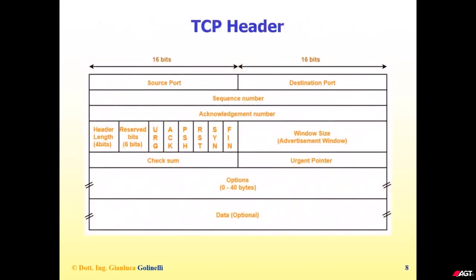Let's take a look at the TCP header and in particular the control flags bit that play an important role in establishing and closing TCP sessions. A TCP packet with the SYN bit set starts the TCP handshake, as we will see in a moment.